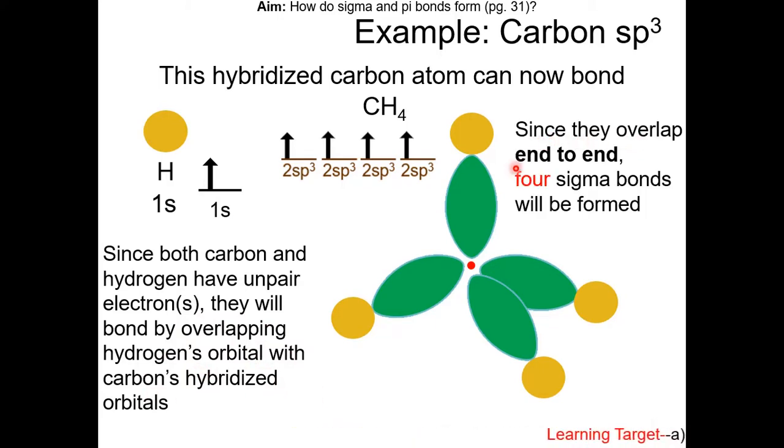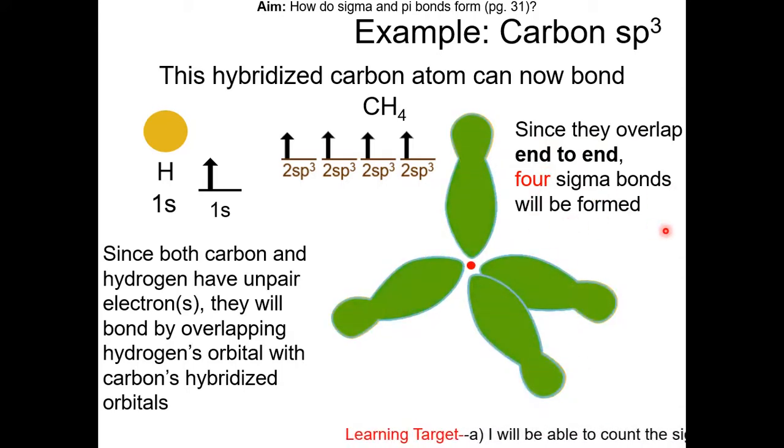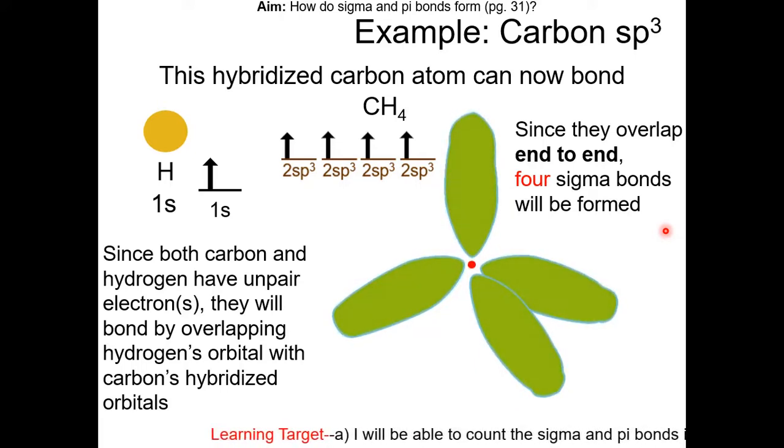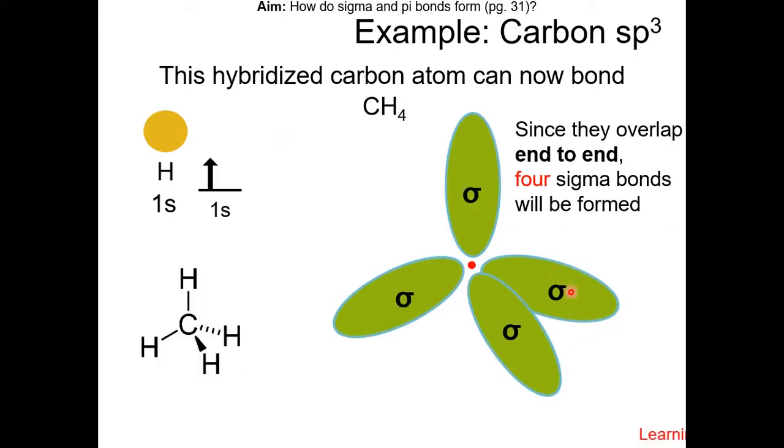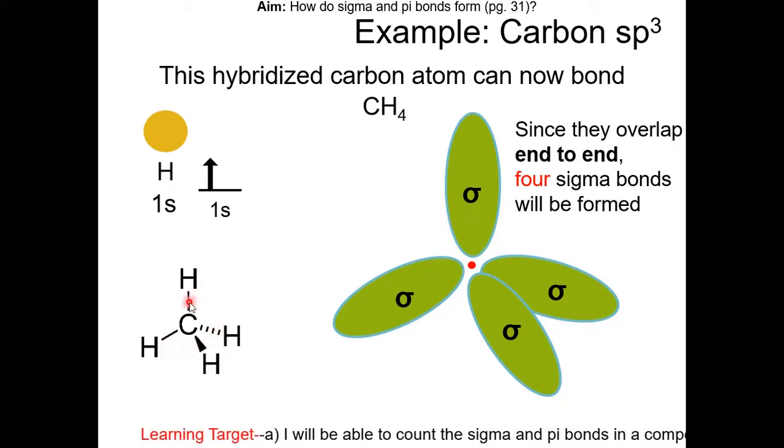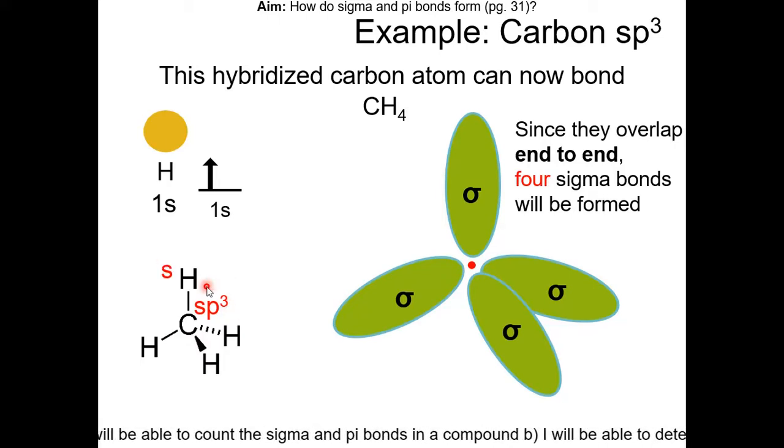Since they will overlap end to end, as you will see in this diagram, 4 sigma bonds will be formed. Here are the 4 sigma bonds. They represent the 4 single bonds in CH4. The carbon is sp3 and the hydrogen is s.